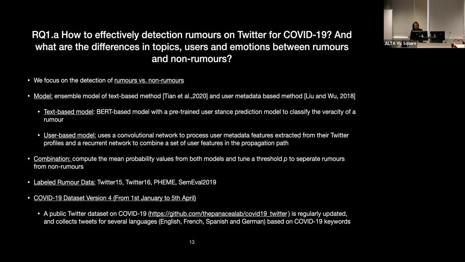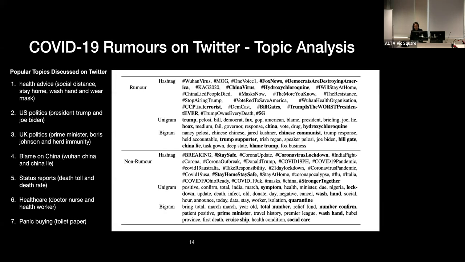We use labeled rumor data, Twitter15, Twitter16, PHEME and SemEval. That's the existing labeled data we have, and we apply it directly to the COVID-19 data to see what the classified rumors and non-rumors are, and what the difference between the two is. Here are the classified rumor and non-rumor cases.